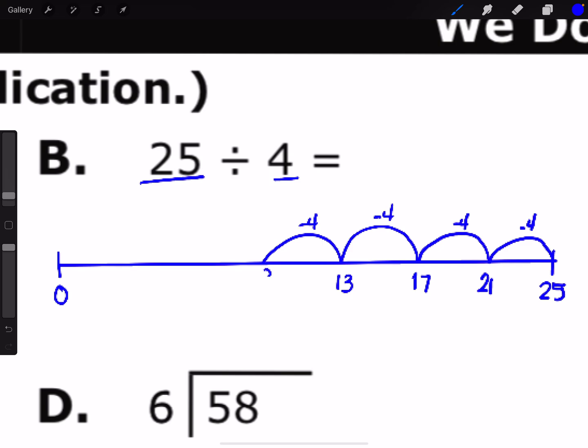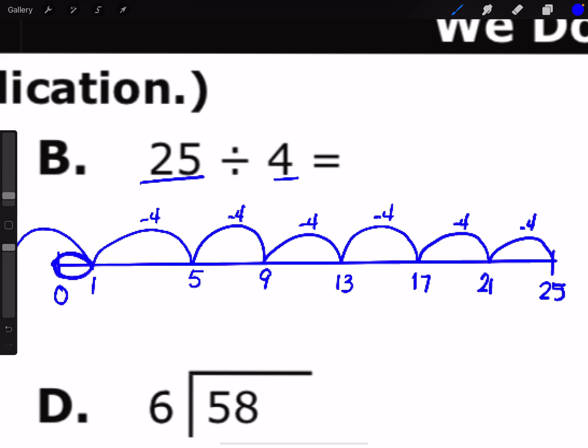We jump another 4, that is 9. We jump another 4, that is 5. We jump another 4, that is 1, and then we jump past the 0.